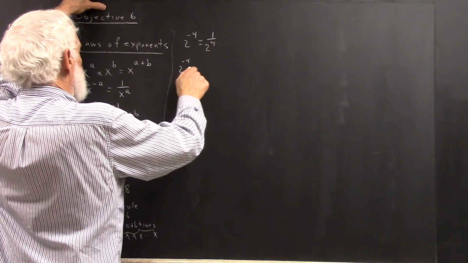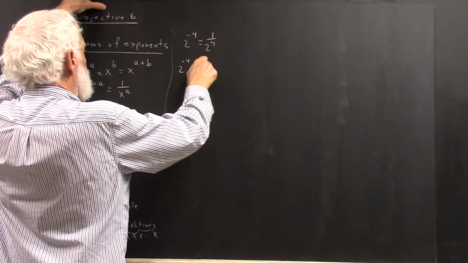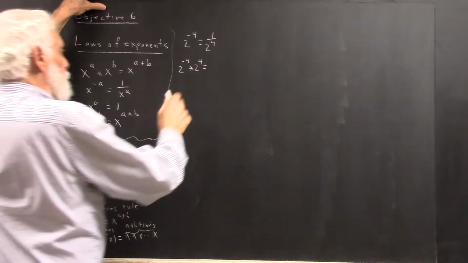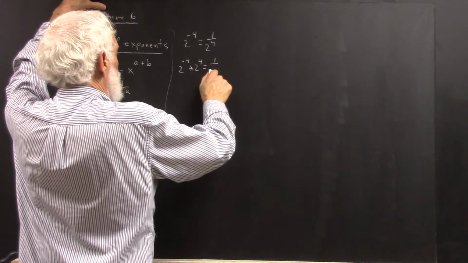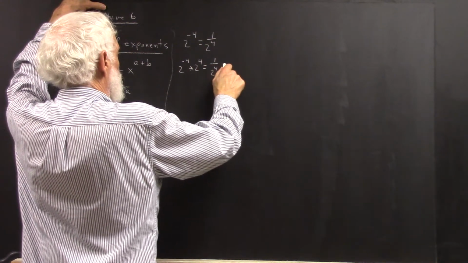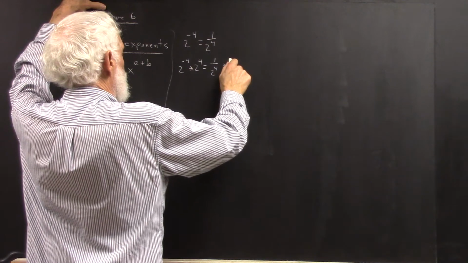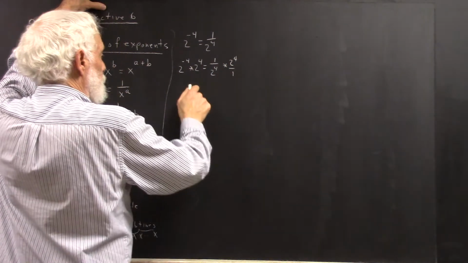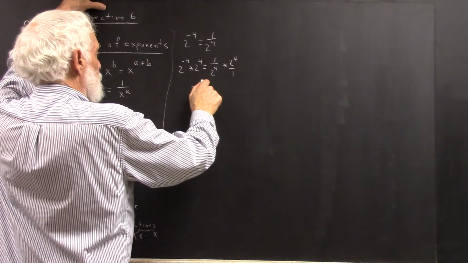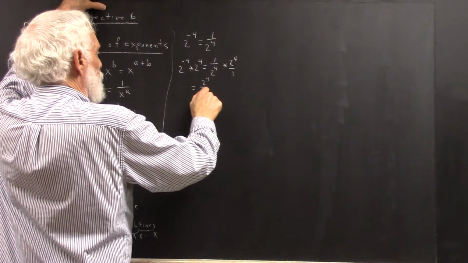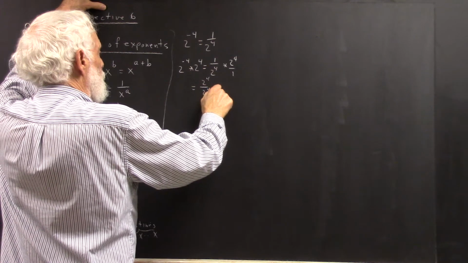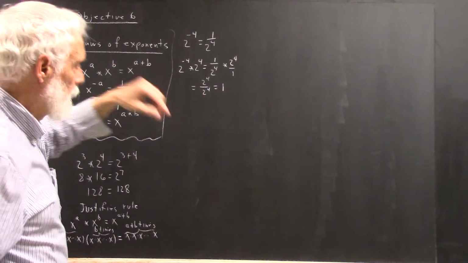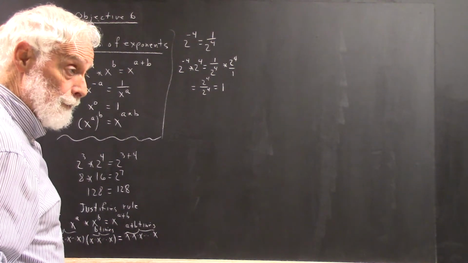2 to the negative fourth times 2 to the fourth would be what? Well, it would be 1 over 2 to the fourth multiplied by 2 to the fourth, and we'll put that over 1. Well, that equals 2 to the fourth over 2 to the fourth. That should equal 1, right? 2 to the negative 4 times 2 to the fourth should equal 1.